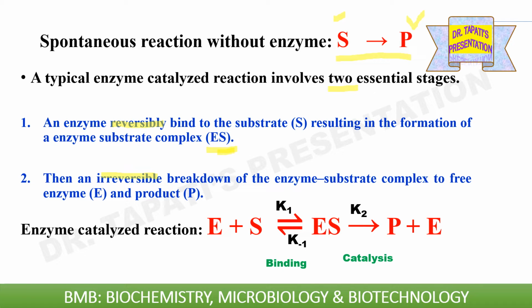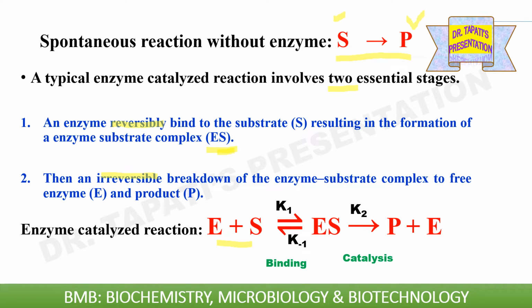The first step is a reversible reaction. K1 is the rate constant for the forward reaction, the formation of ES, and for the backward reaction it is K minus 1, for the breakdown of ES to E plus S, because this step is a reversible process.